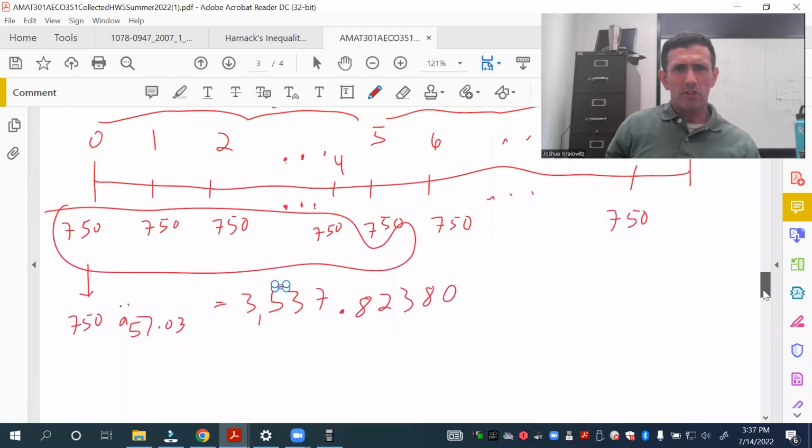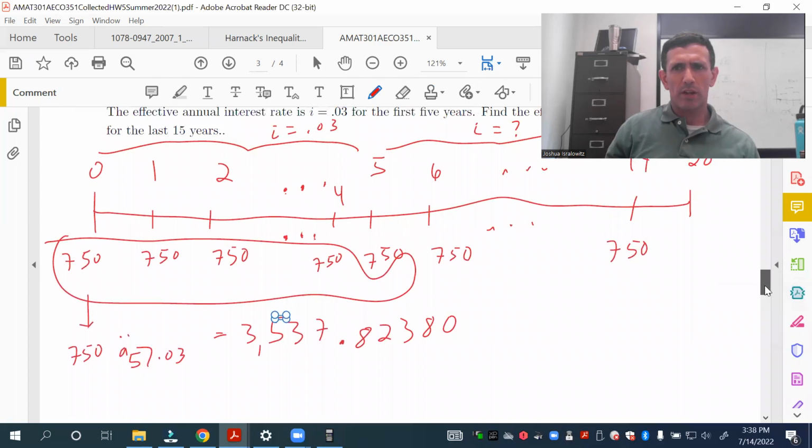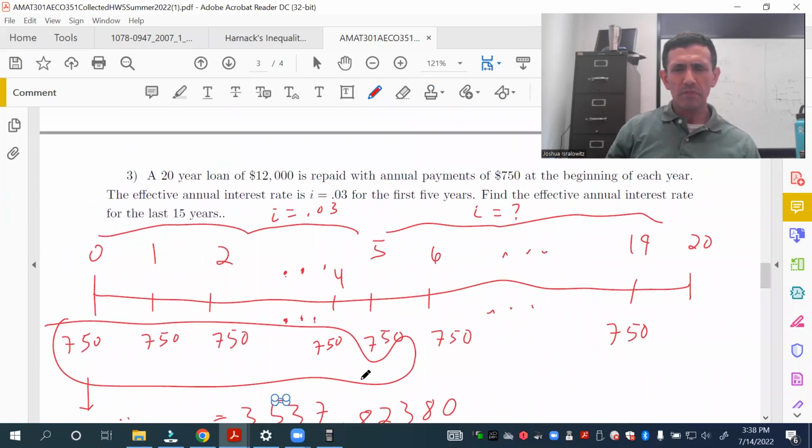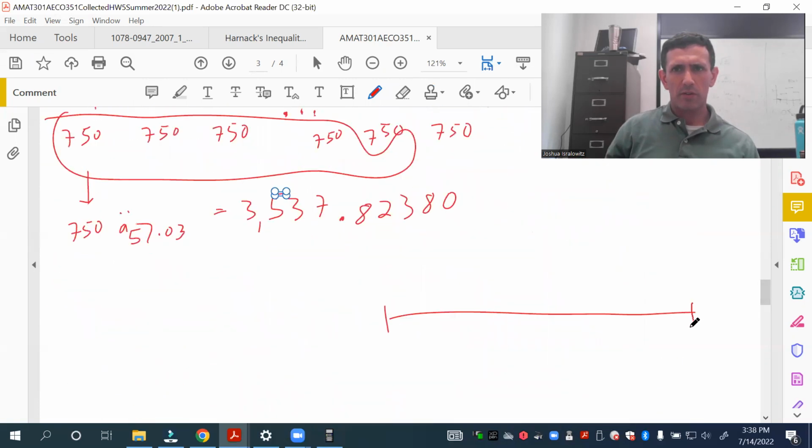Okay, so next let's take from 5 onward. The last payment here is 19, so we have 15 payment periods.